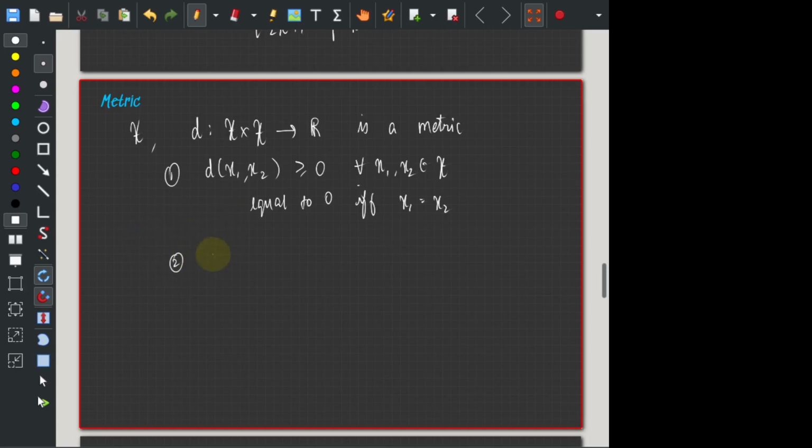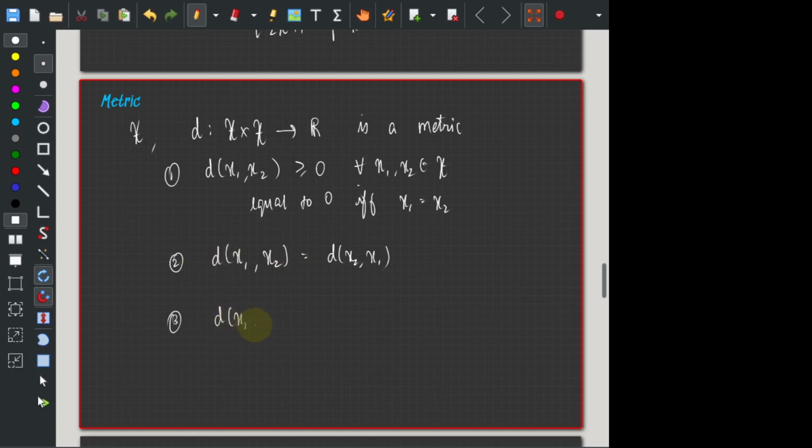Okay, it should be symmetric. So basically the distance required to go from x1 to x2 is the same as the distance required to go from x2 to x1, and it should satisfy the triangle inequality.